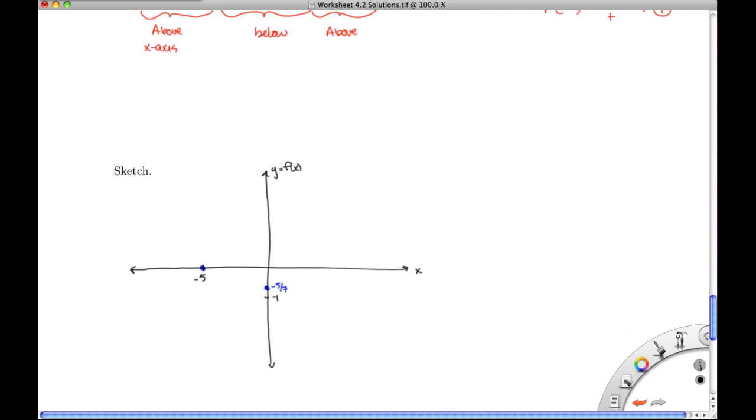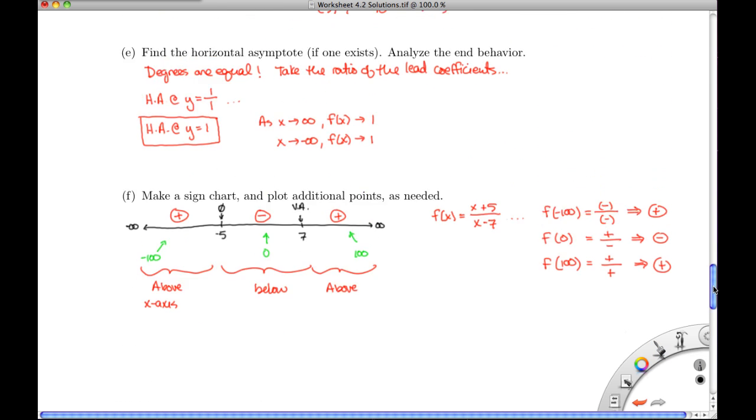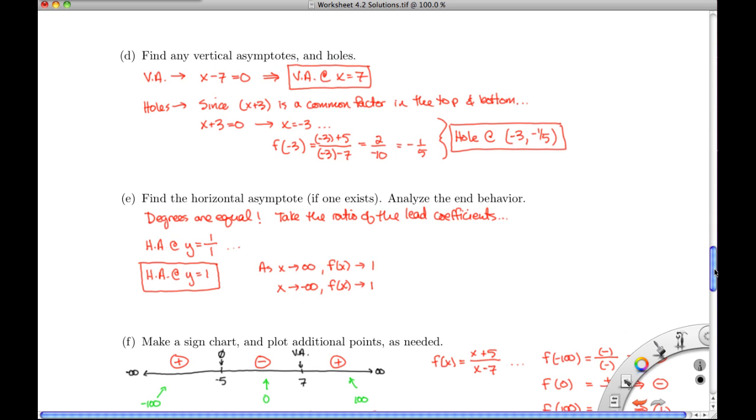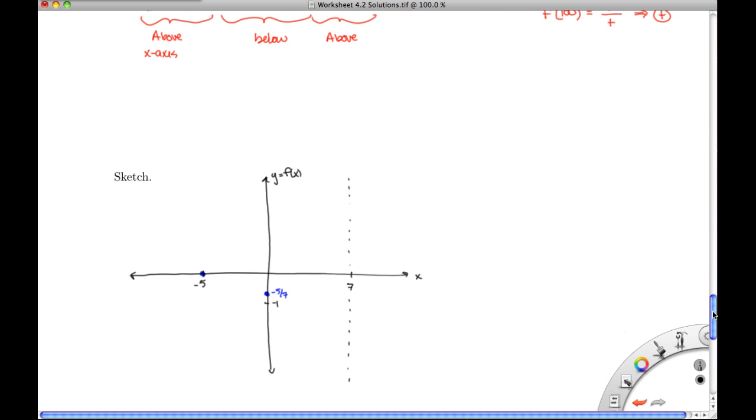So if we go over here to +7, we can make note that we've got a vertical asymptote going on here. We can also take note from part D that there's a hole at -3, -1/5.